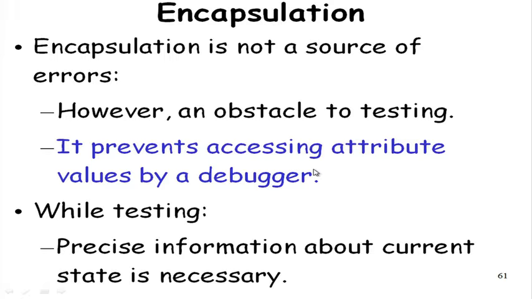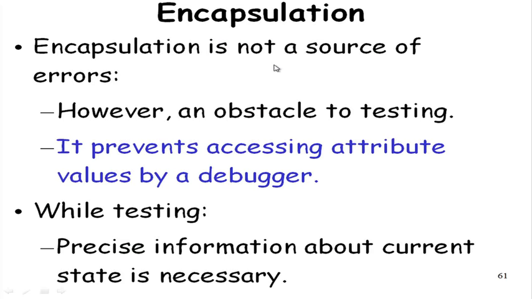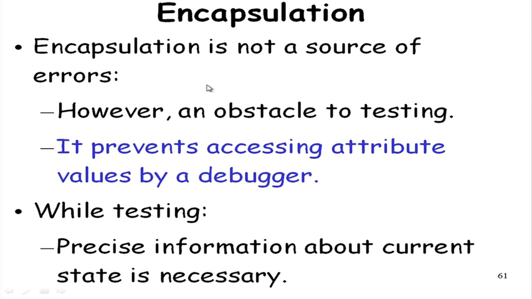Now, let us look at some of the important object oriented features, and let us see whether they help in testing or they create problems and hinder testing. First, let us look at encapsulation. Encapsulation, as we know, is having the data and the methods together. Actually, encapsulation is not a source of errors, but it is an obstacle to testing. Why is it?